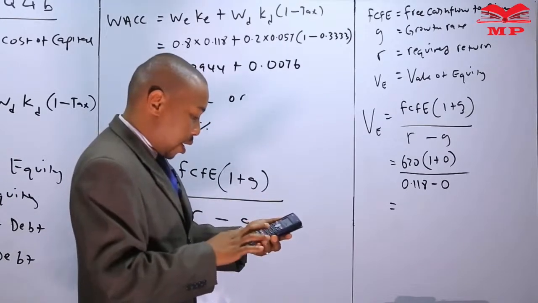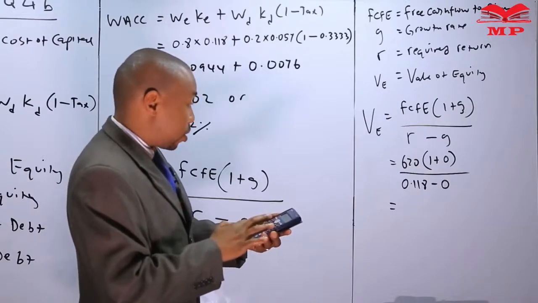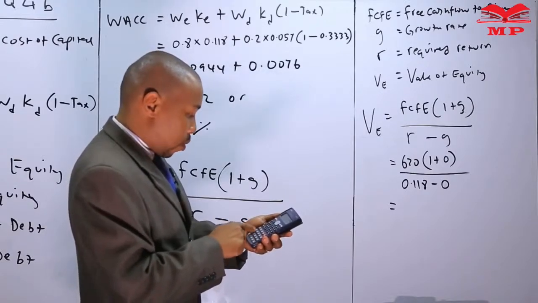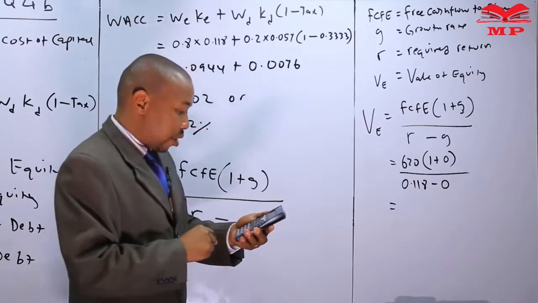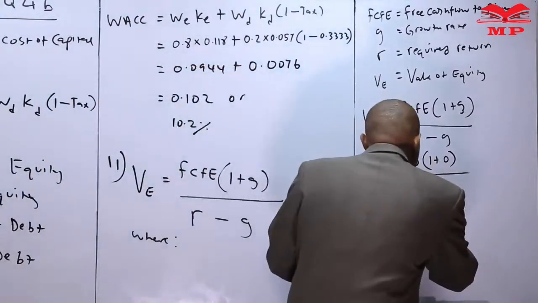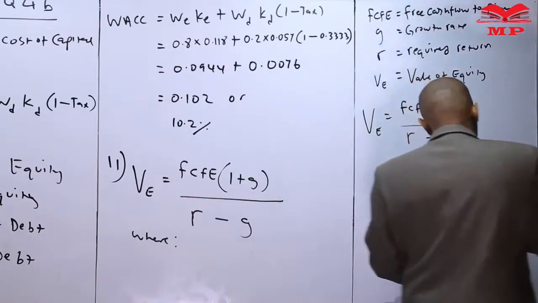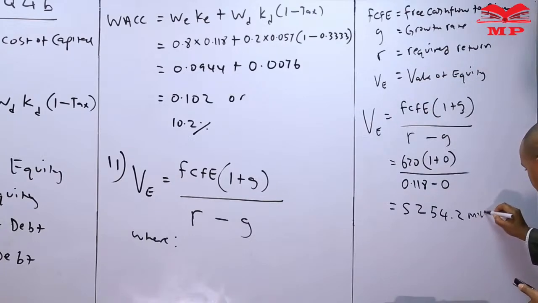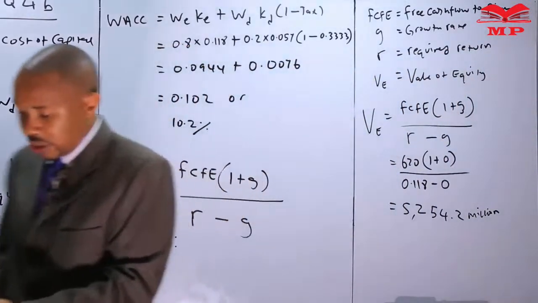So 620 divided by 0.118 directly, we get 5,254.2 million. That is Signet's value of equity.